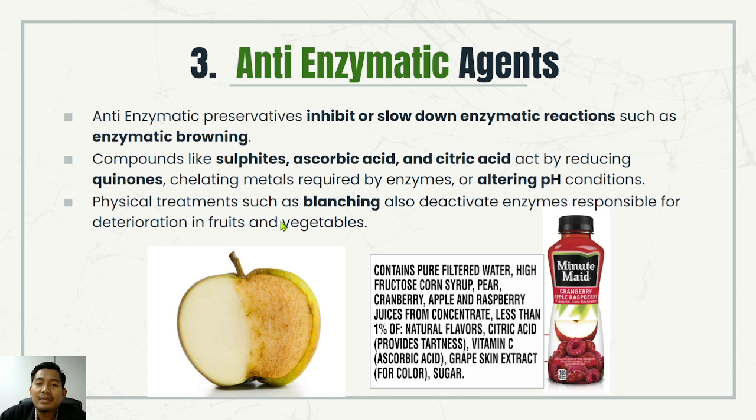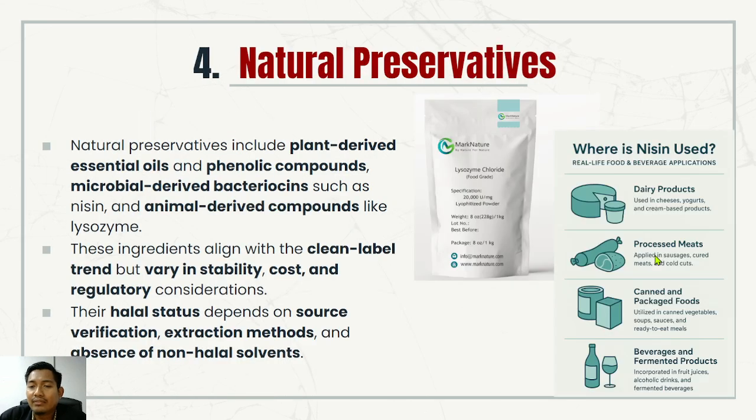Physical treatment such as blanching can also deactivate enzymes responsible for deterioration in fruit and vegetable. In this example of apple juice, they are using citric acid, as mentioned in the writings, as the anti-enzymatic agent to preserve the color of the apple juice. Besides, they also use vitamin C, citric acid and vitamin C, to preserve the color and the flavor.